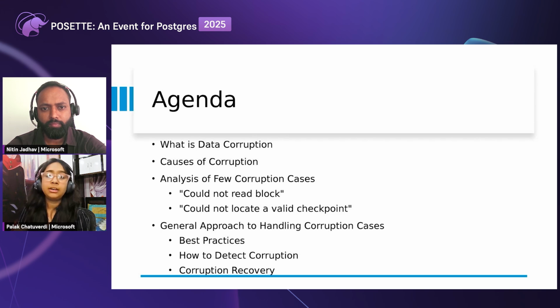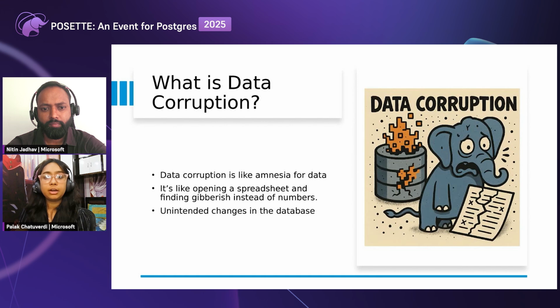So let's start. So before debugging data corruption, first we should know what is data corruption. So data corruption is like amnesia for data. It's like Postgres forgets whatever it remembered, like it had some previous data but now it is something gibberish.